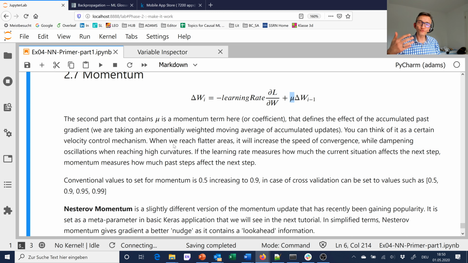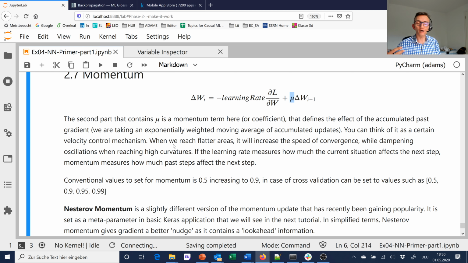When you reach a plateau in the loss surface, where there is not much going on, you can make larger steps because you want to leave that plateau. When you, on the other hand, approach a cliff in the loss surface, then you might want to be careful because cliffs are dangerous.